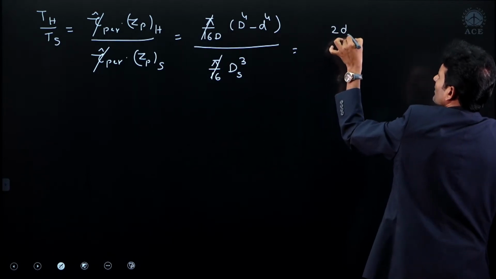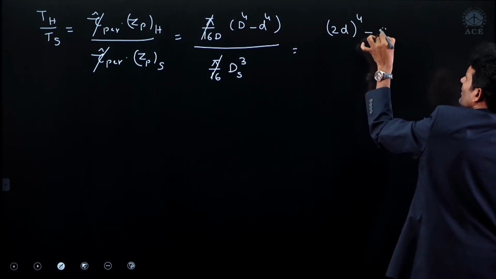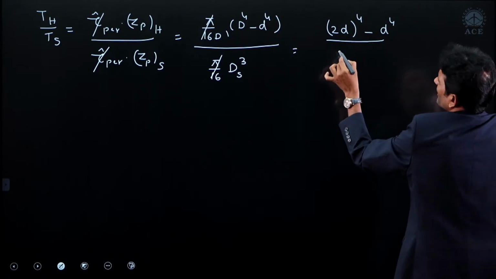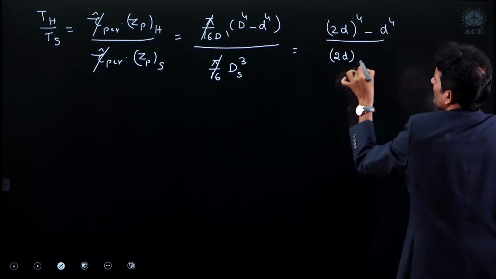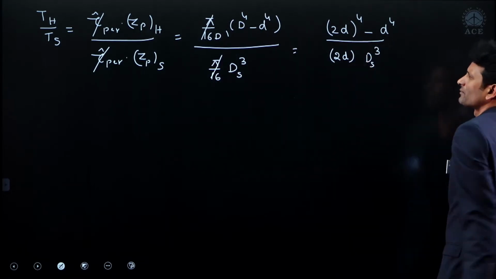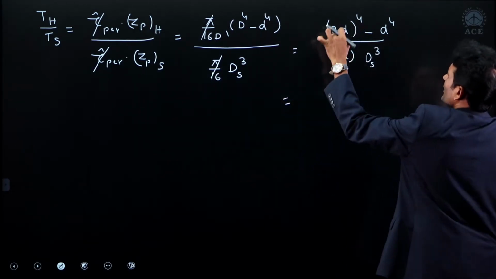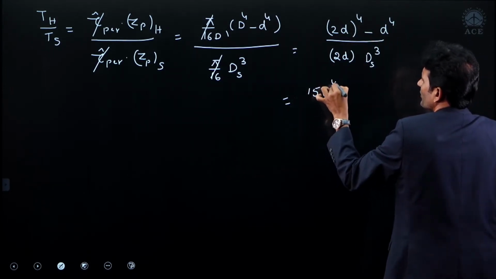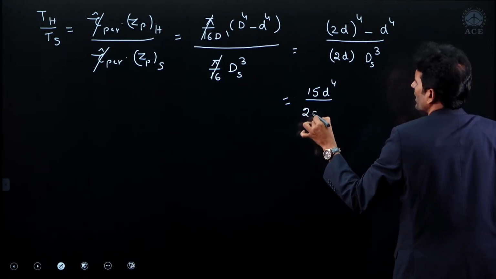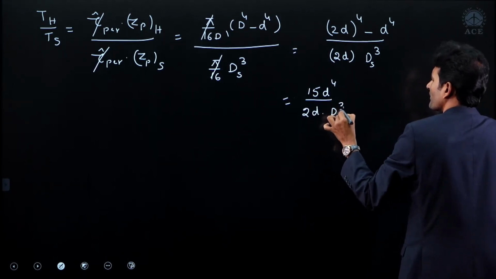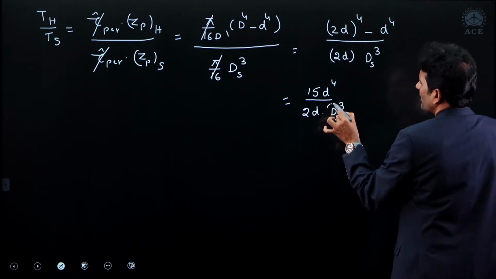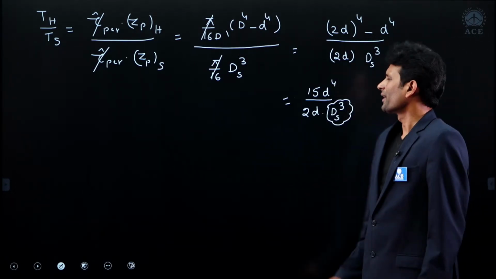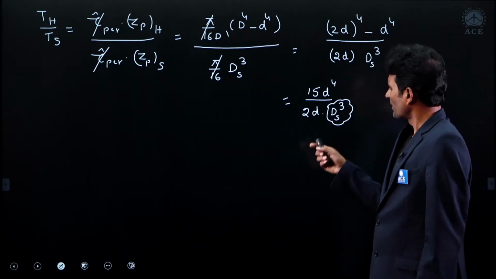Capital D is given as 2d. So (2d raised to 4 minus d raised to 4) divided by capital D, which is 2d, into ds cube. Now simplify this one. 16 minus 1, 15. 15 d raised to 4 divided by 2d into ds cube. What we need here is the parameter ds. How could I get this ds? Do you have any relation to get the ds? Observe this.